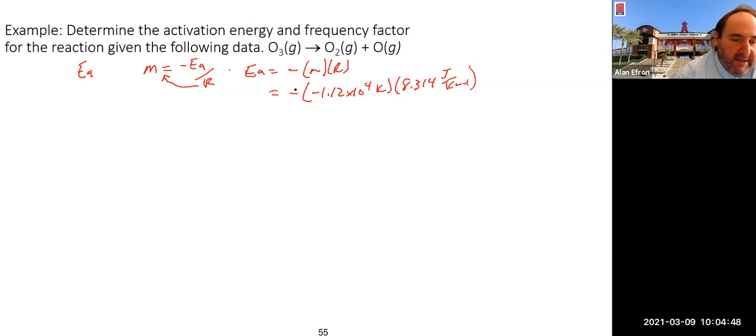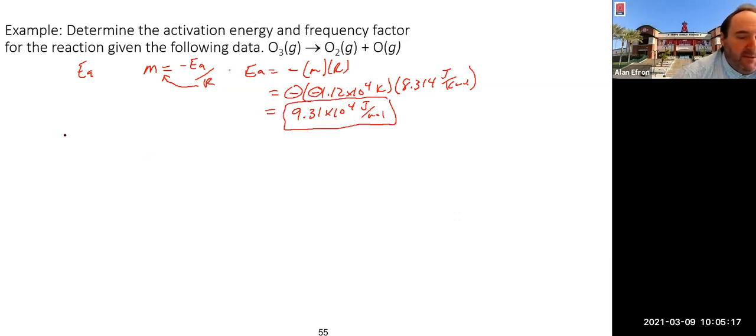If we do all that, that negative slope and that negative sign are going to turn this into a positive number. It looks like 1.12 times 10 to the 4 times 8.314 gets us something like 9.31 times 10 to the 4 joules per mole. And again, we get that from the graphical information there. Any question on that calculation?